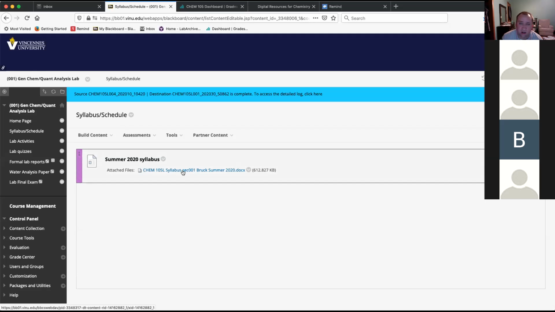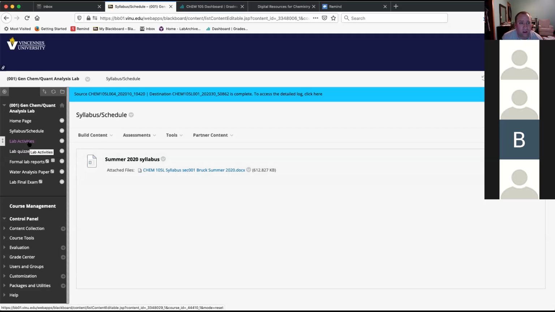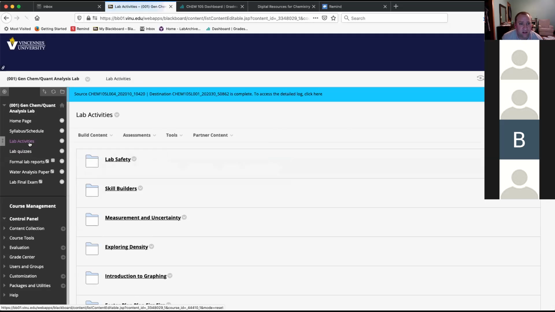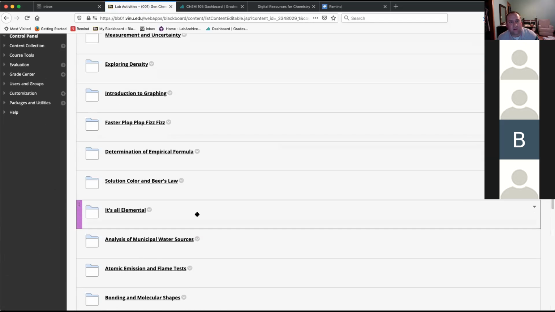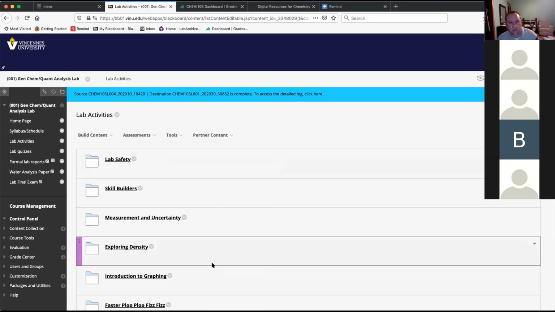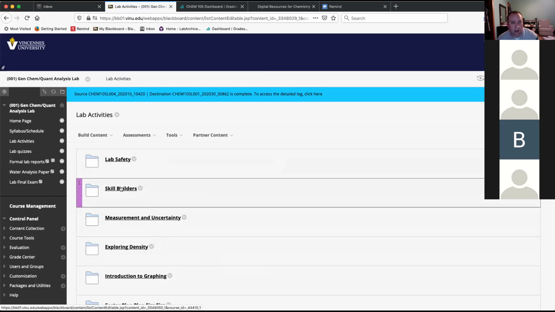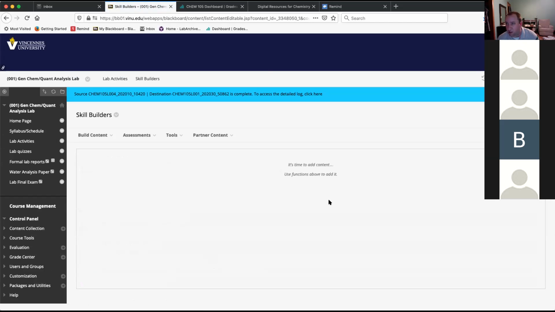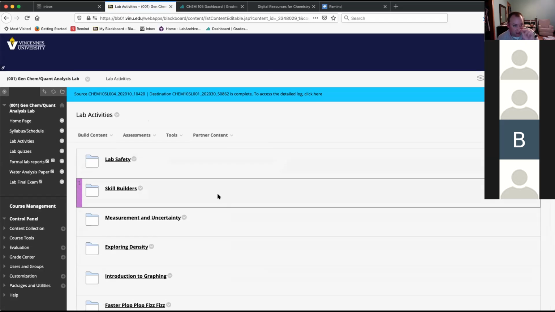It's always there. Where you're going to look is here in lab activities. You're going to see every single lab activity has its own folder here. Right now, because I haven't uploaded everything yet, a lot of these are empty. But the ones that you need for the next couple of days will have something in them by noon.